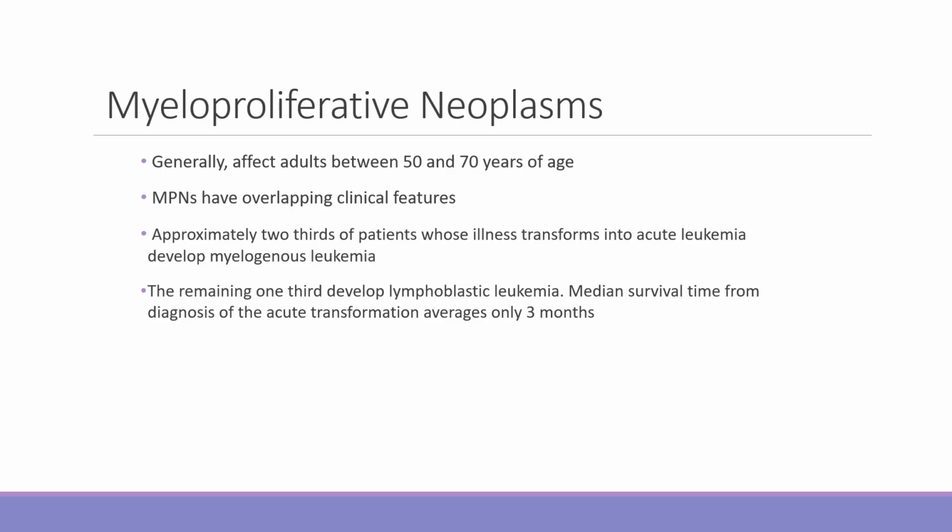Of those 2/3 of patients whose illness transforms into acute leukemia, there will be a third that develop lymphoblastic leukemia. So it'll be a part of the lymphocytic line. And then, of course, median survival time from diagnosis of the acute transformation only averages about 3 months.